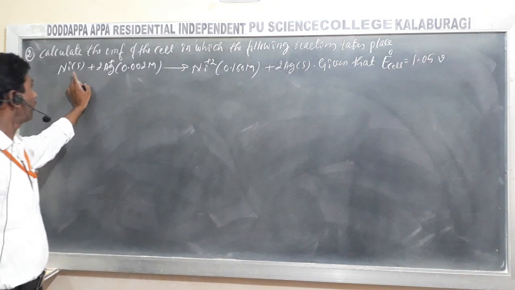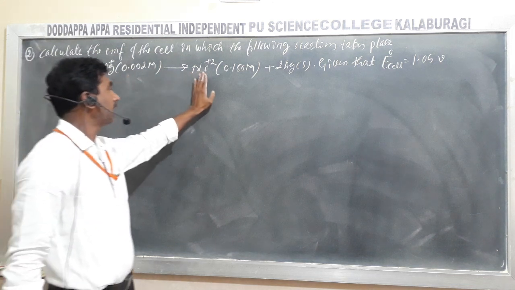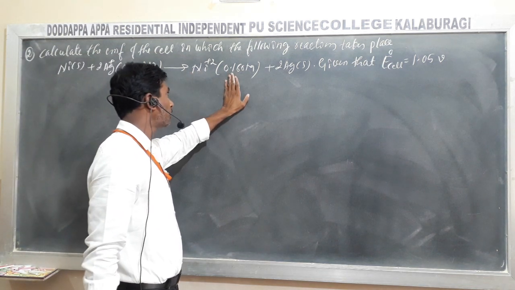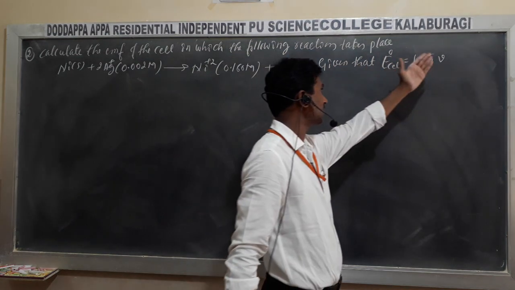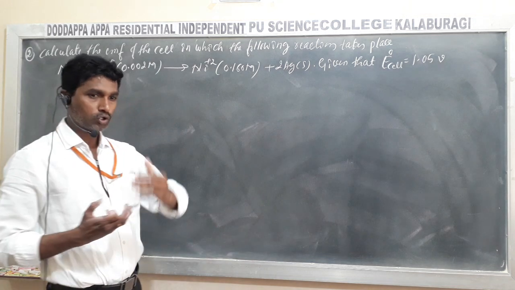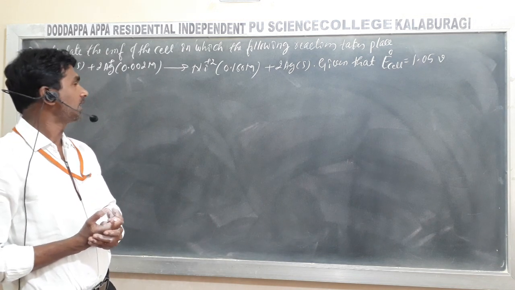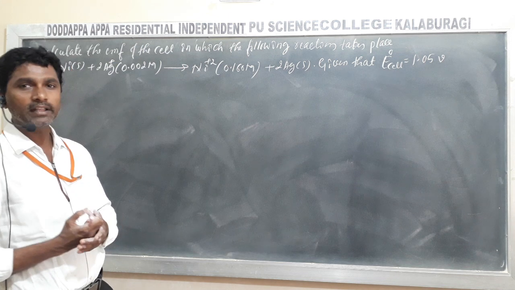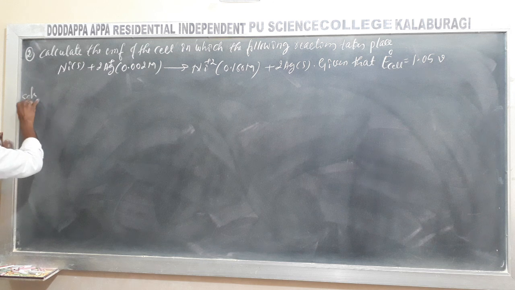Ni solid plus 2 Ag plus, concentration 0.02 m, gives Ni plus 2, concentration 0.160 m, plus 2 Ag solid. The standard E0 of the cell is given as 1.05. In the previous problem you had to give the cell representation. Here there is no cell representation, you have to directly calculate E of cell. So now I can go for the solution.